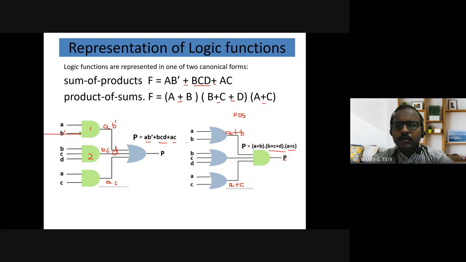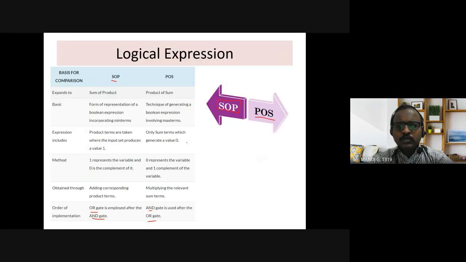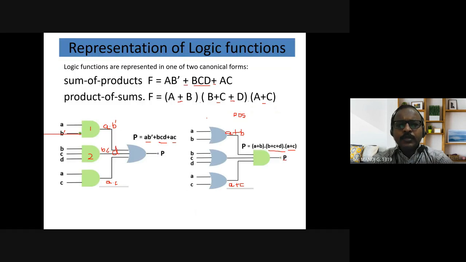To sum up, we have seen what a logical expression is, the two types of logical expression, product of sum and sum of product, and how you represent the logical expression using a logical circuit.